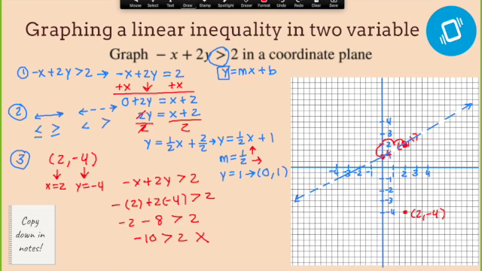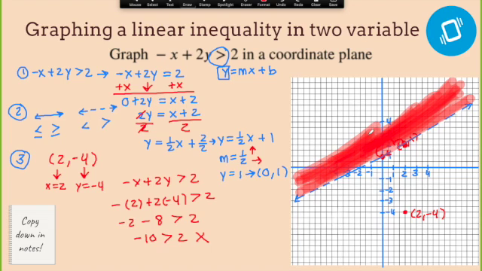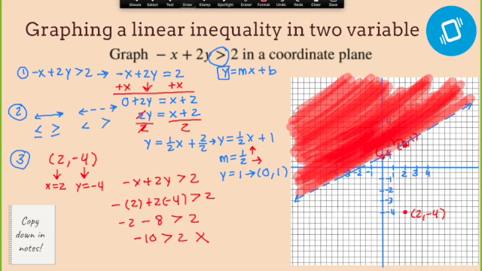So this is a false statement, which means that any ordered pair on this bottom area is definitely not going to be a solution. And so because of that, I can say that the solutions are on the top of this line, not on the bottom. I'm just going to shade in this area.